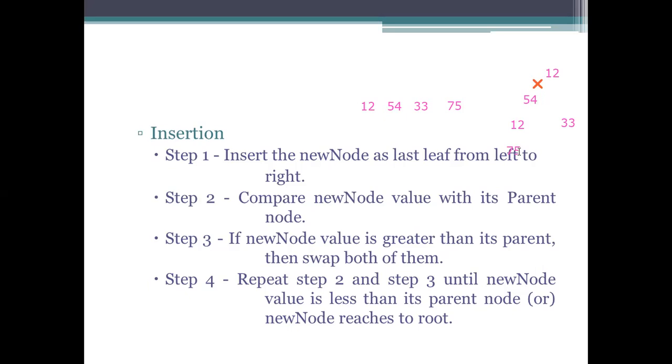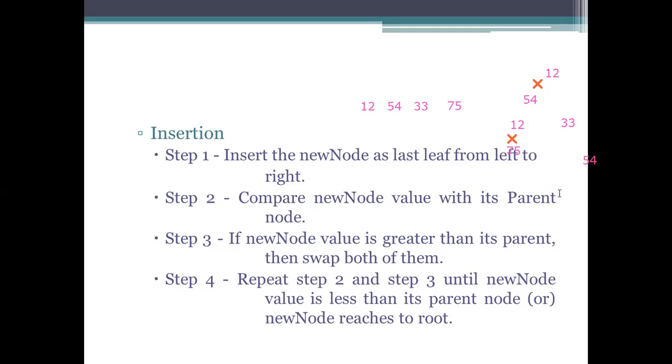We need to compare the value with the parent node. When we compare this value with this one, we find that it is greater than this value. Then what do I have to do? We need to swap both of them. While swapping, the present node is 54.